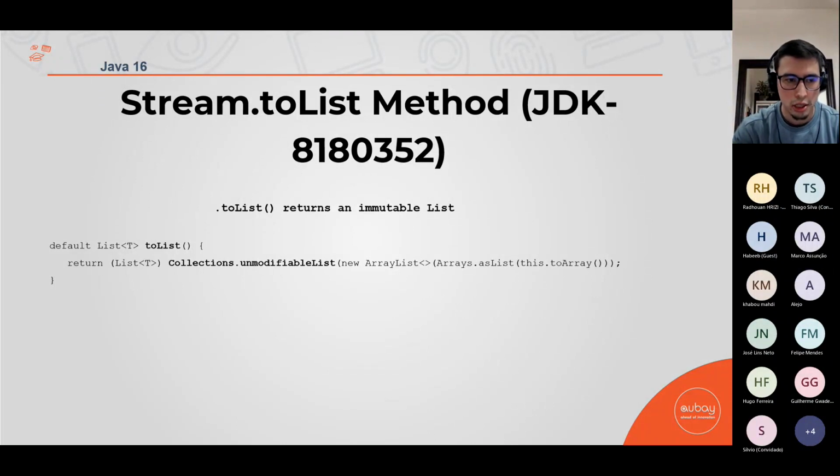Because as you can see here in the implementation, it returns an unmodifiable list. What does this mean? This means that if you return using toList and try to add or remove an element, you receive an exception. So be careful with that, okay? The toList helps a lot, it's cleaner, but you cannot change the list if you do that, okay?